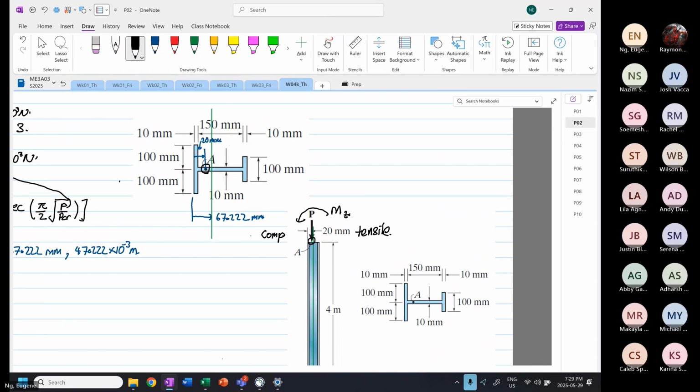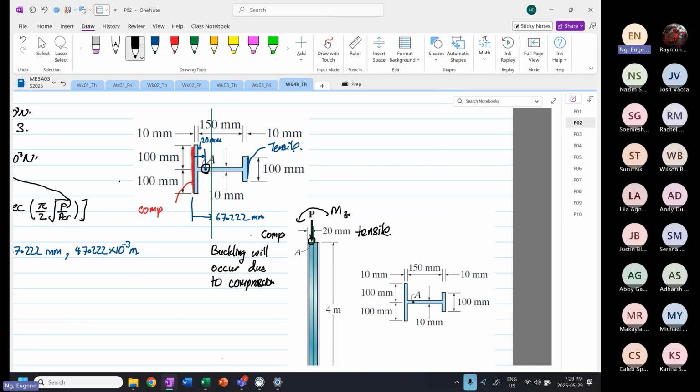So we know that buckling will occur due to what? Compression. So this surface over here will be under compression, and this surface over here will be under tensile.